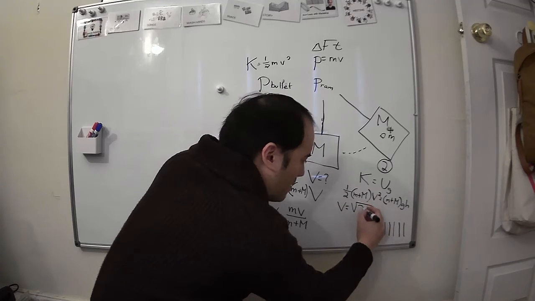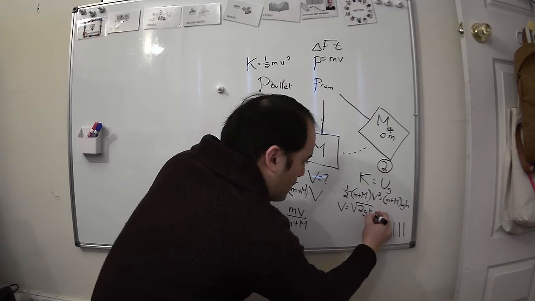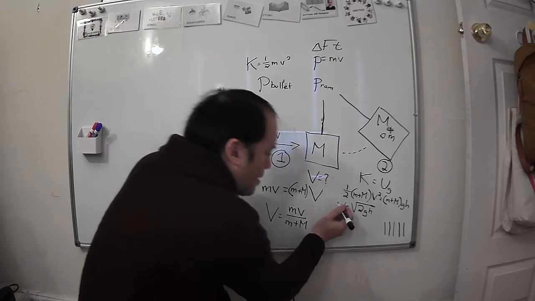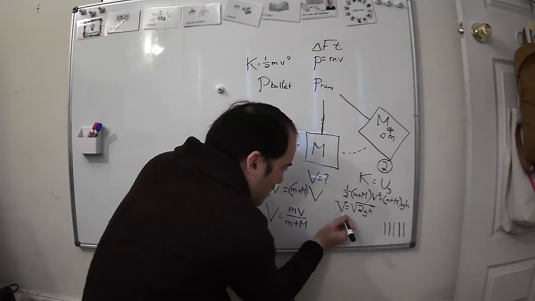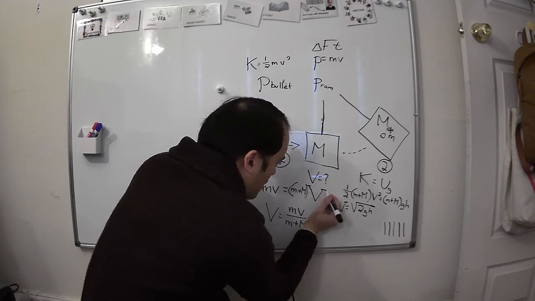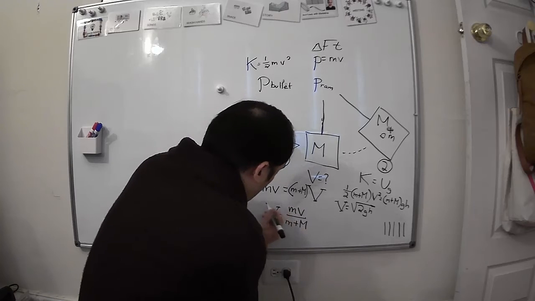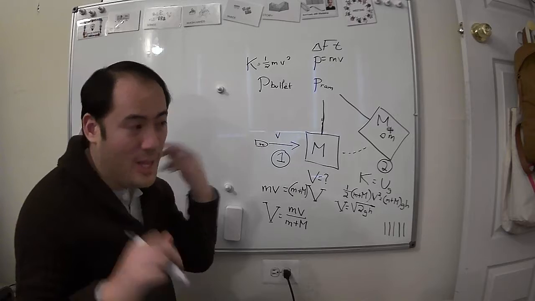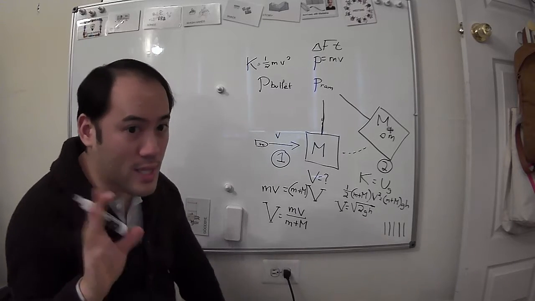Hey, we've seen this before. We've seen this number many times in roller coasters and pendulums. Big V is root 2GH. However, we don't want big V. Remember when I framed this problem in a totally realistic way?